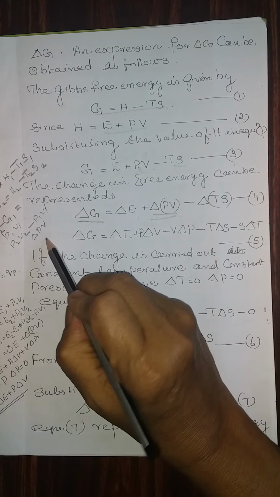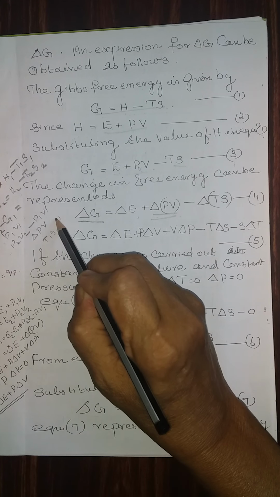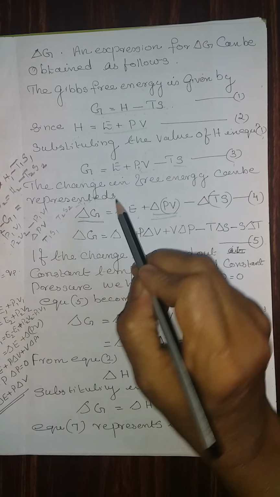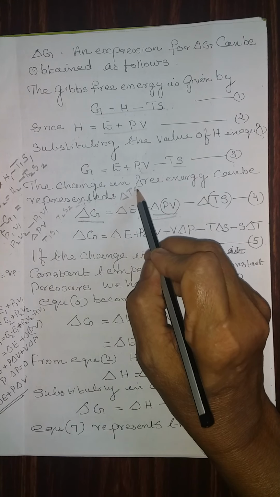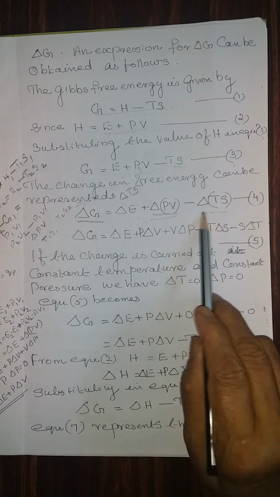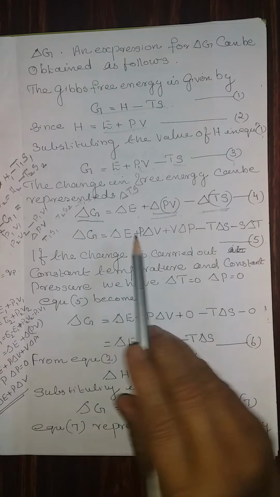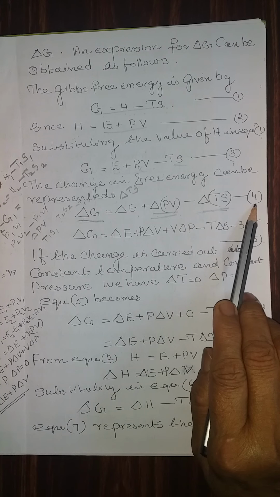Similarly, T2 S2 minus T1 S1 is equal to delta TS. That is how these values you get, delta TS. You have to do it systematically and get this equation number 4.